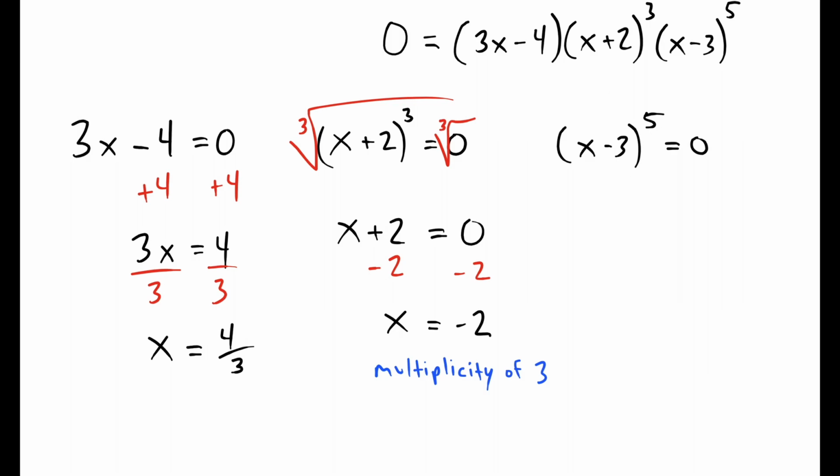Same thing applies here. Take a 5th root of both sides. The zero in this case is just 3.